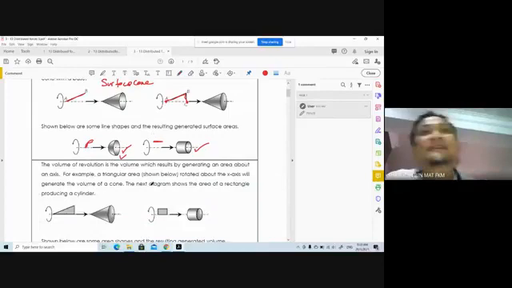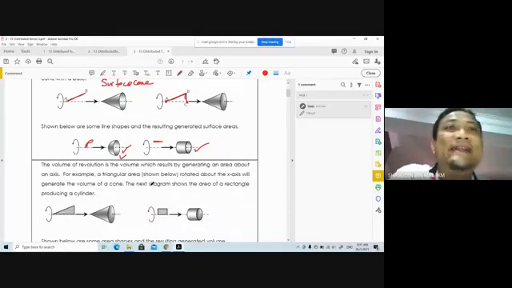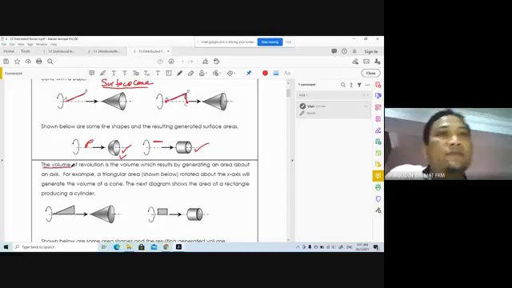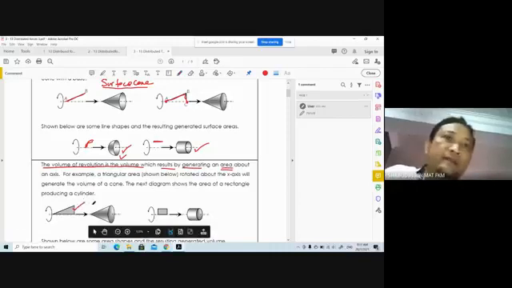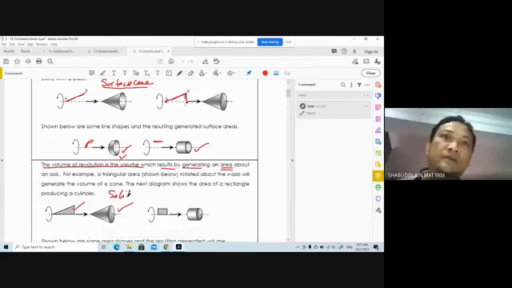And then the volume. Volume is the same thing, but this one is a solid volume, while that one is a surface cone. If you rotate an area, the volume of revolution is the volume which results from generating an area. When you rotate the area, you will have a solid cone.